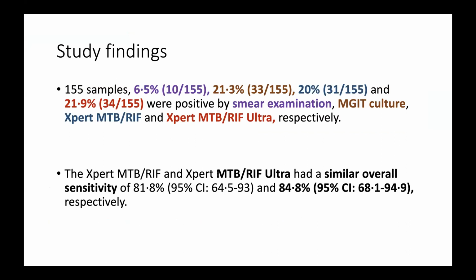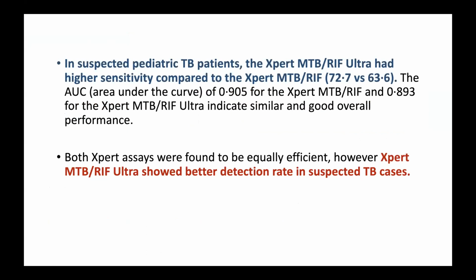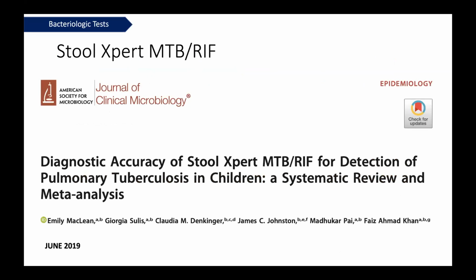Some studies show similar, others better. So you do see there about 84.8% in comparison to about 81%. So when it came to cases, Ultra showed better detection. And we'll look at a nice summary table looking at this.